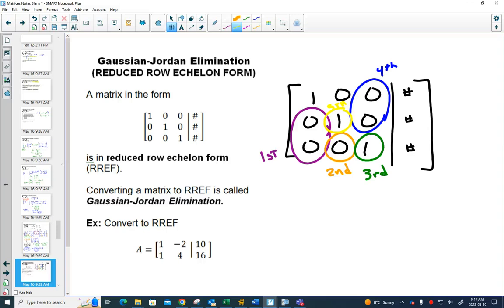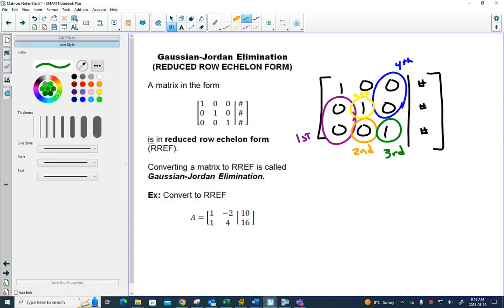That will be 5th. I need more colors. Then we can make that one a 0, 6. And finally, you want pink. That will be 7th.